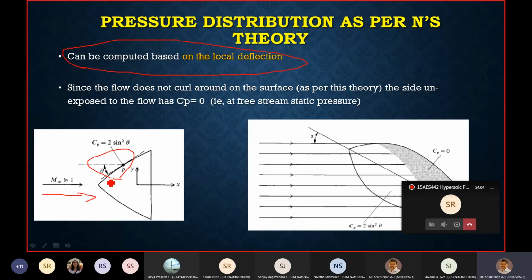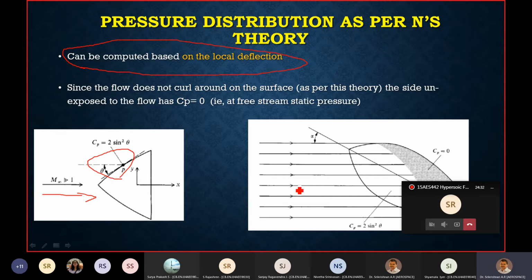At any point when I'm considering the pressure distribution, I will consider the angularity at that point. So it can be calculated, and if required, can be integrated over, or it can be approximated locally, depending on the degree of accuracy that you want. So it can be applied this way to hypersonic flows.